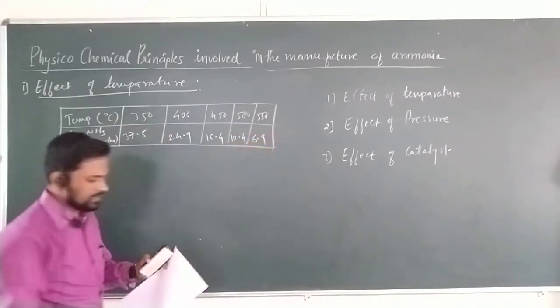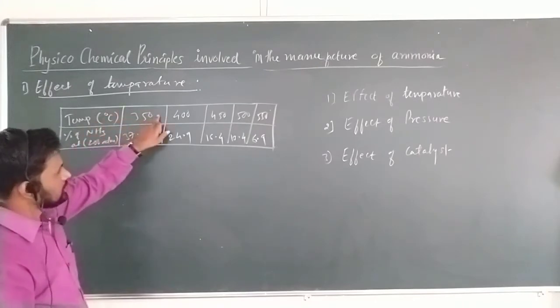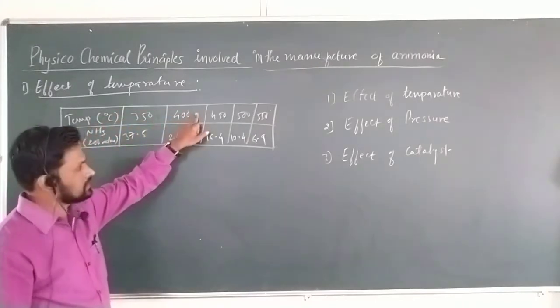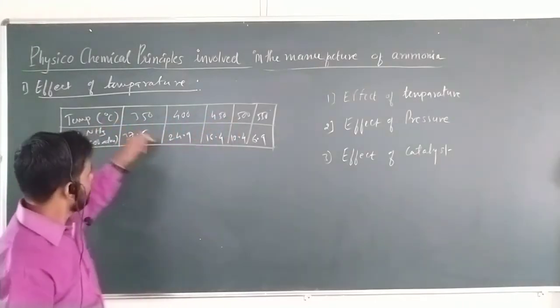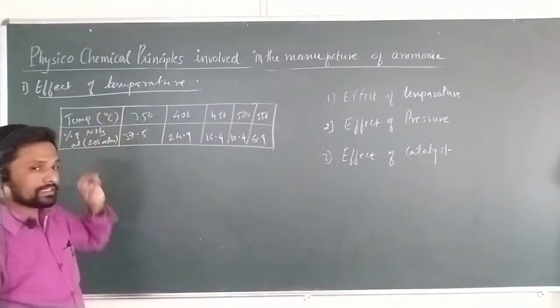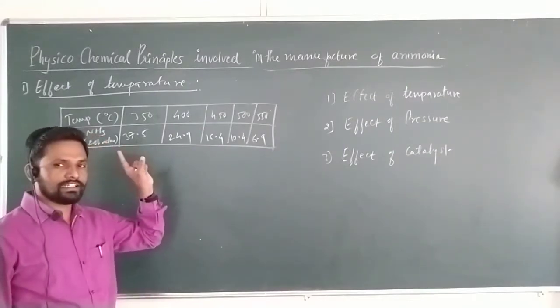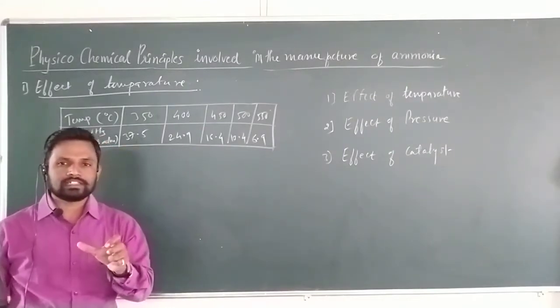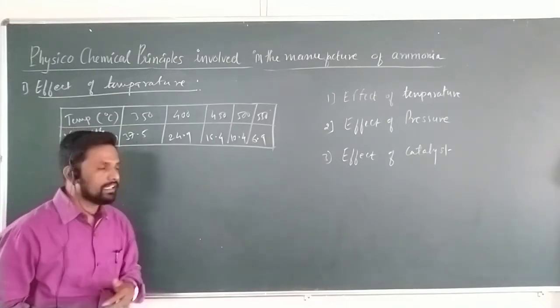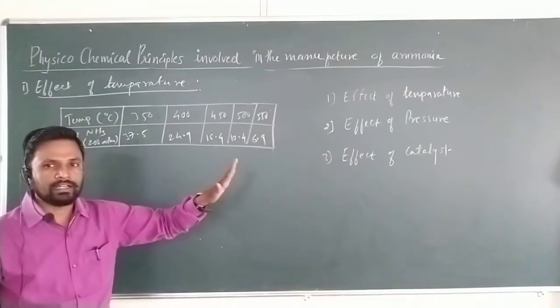Now see, here we observe 350 degrees Celsius, 400 degrees Celsius, 450 degrees Celsius. In front of this there is 37.5% yield. But we already studied that in the modified Bosch-Haber process there is 19% yield, and this reaction is still exothermic, the forward reaction is exothermic.